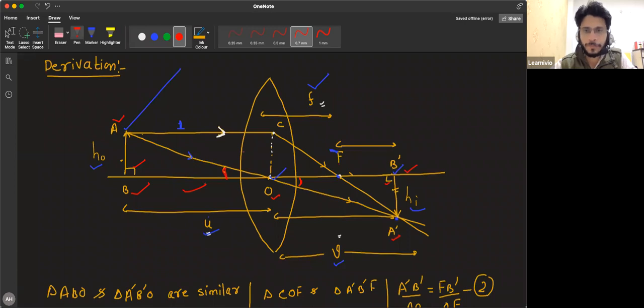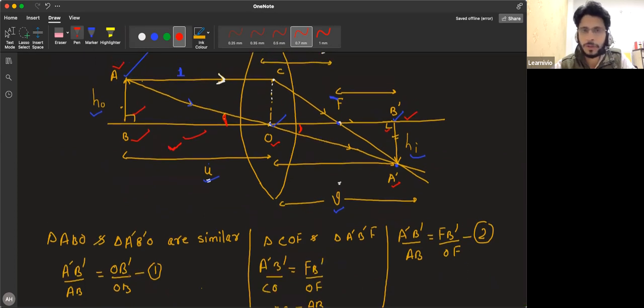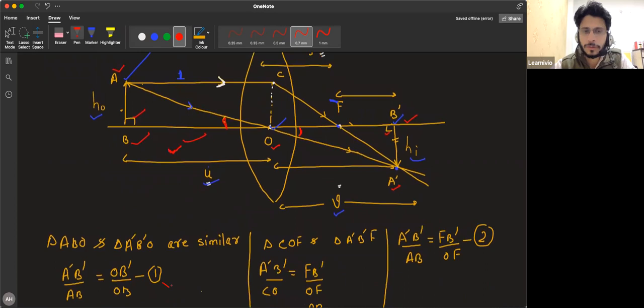OB. So when you have similar triangles, we take ratios. I'll take the ratio of A prime B prime and AB, and the ratio of OB prime and OB. So A prime B prime by AB is OB prime by OB. That's my first equation. Is it clear?